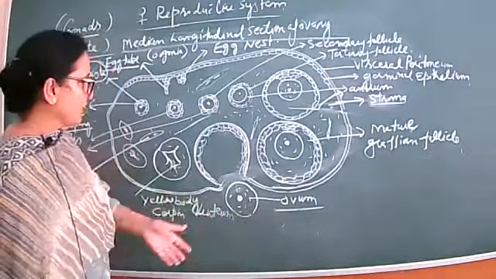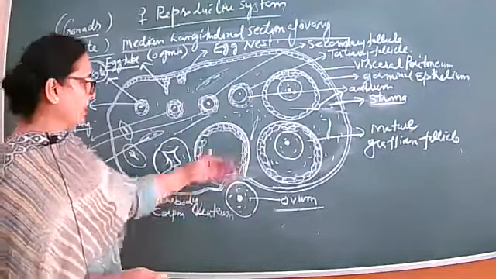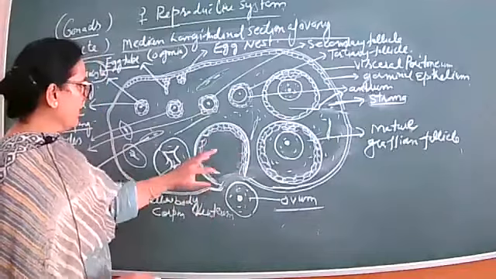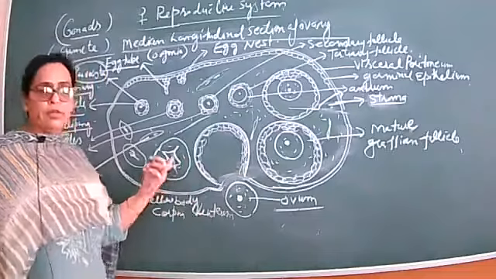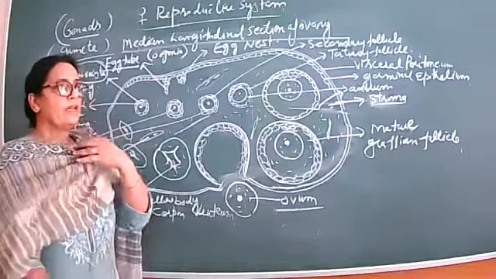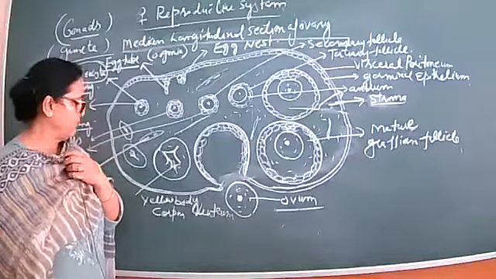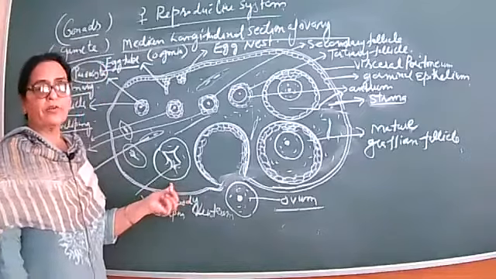Now, what is the fate of the rest of the cells which are not utilized? They will degenerate. While degenerating, they will also change color, and a special type of pigment will develop inside that, and it will give a yellow color to that.